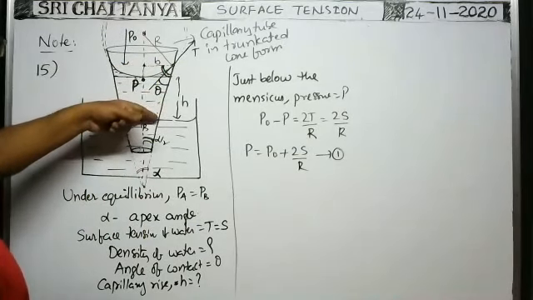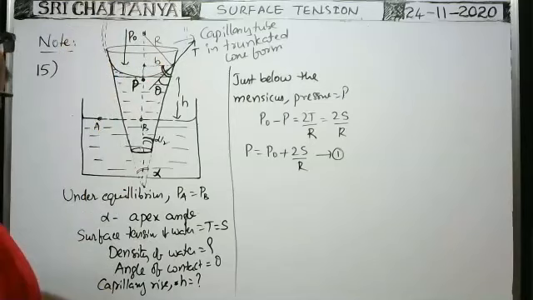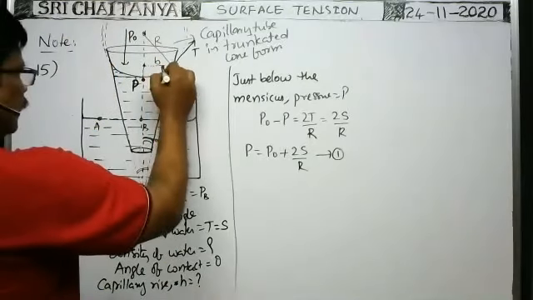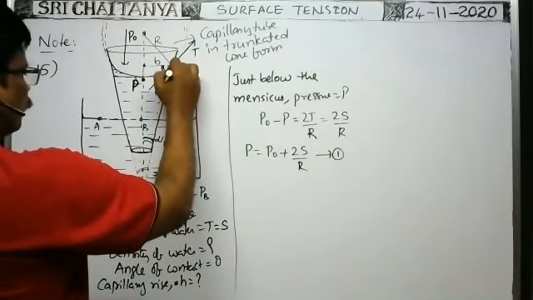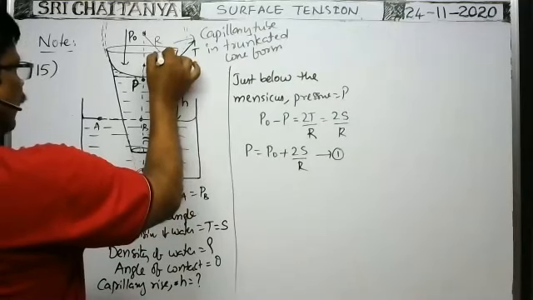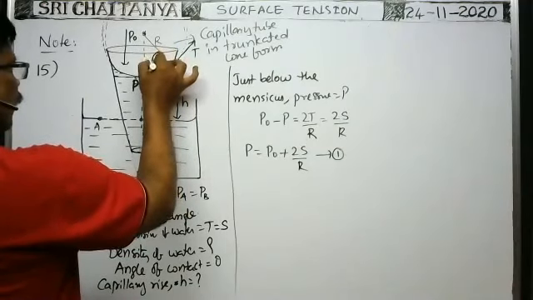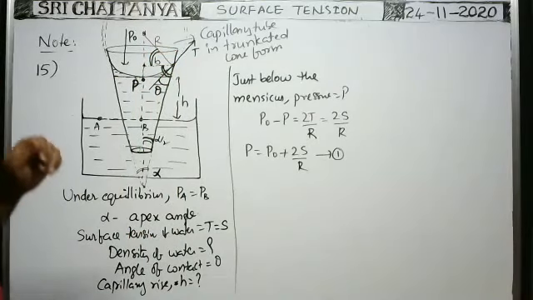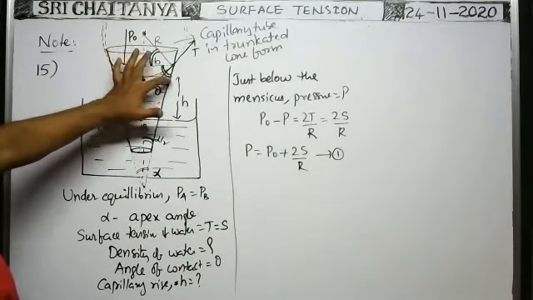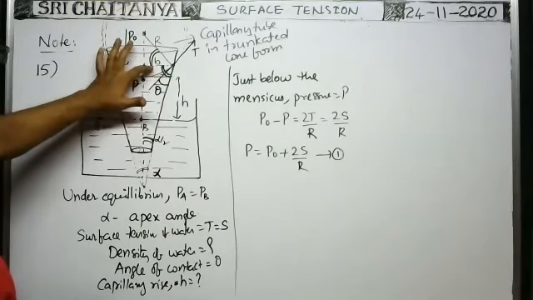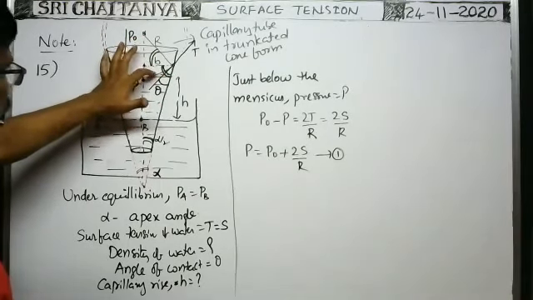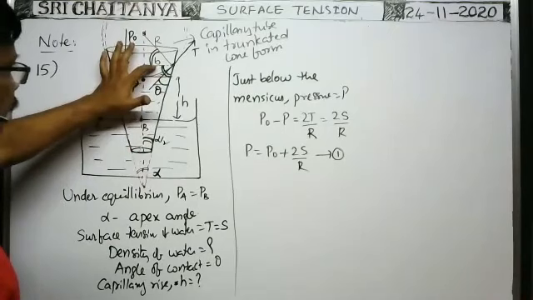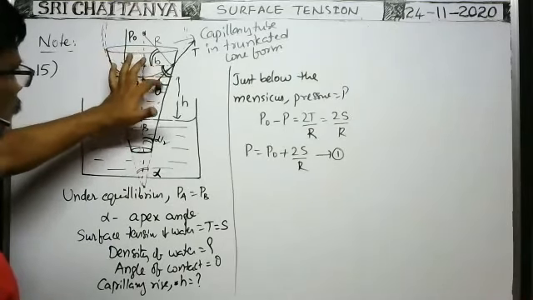These two are not perpendicular. That's why it is not alpha by 2. If it is 90 minus alpha by 2, what about this angle? How can we write this angle? That is important. It is 90 minus alpha by 2 plus theta.